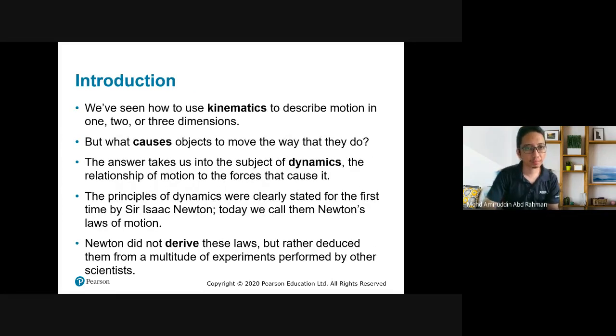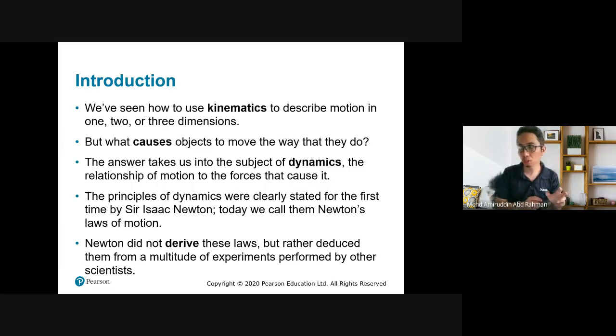So in the first 3 chapters, we learned about kinematics. We describe the motion in 1, 2, or 3 dimensions. But there we are considering the object is already moving. So what caused the object to move?